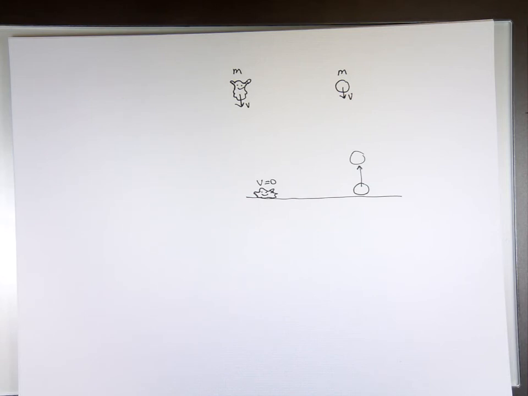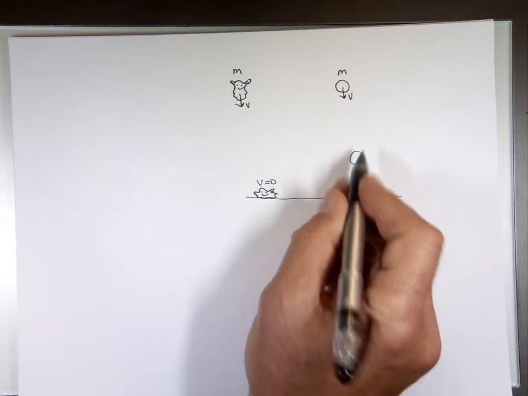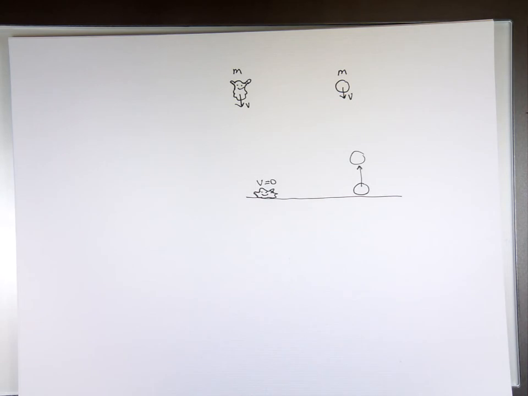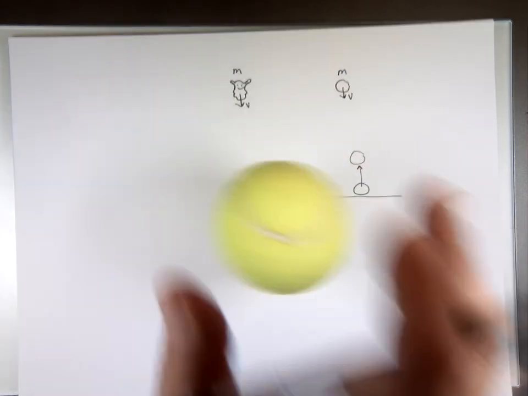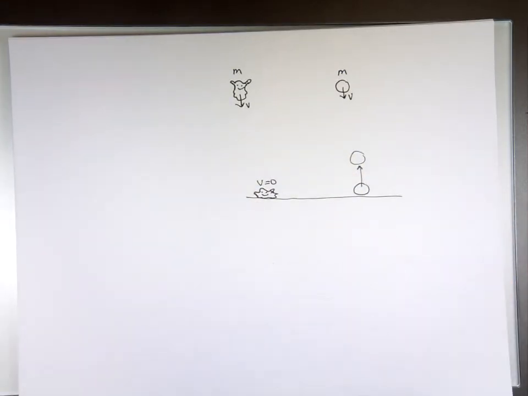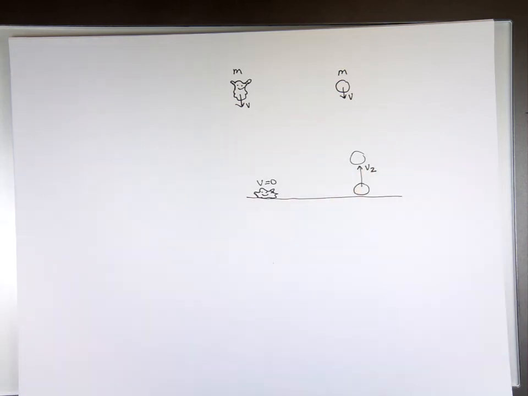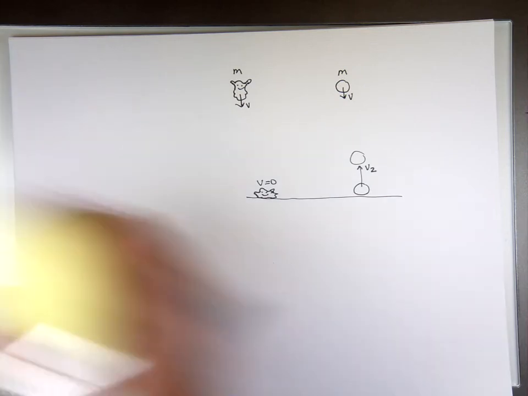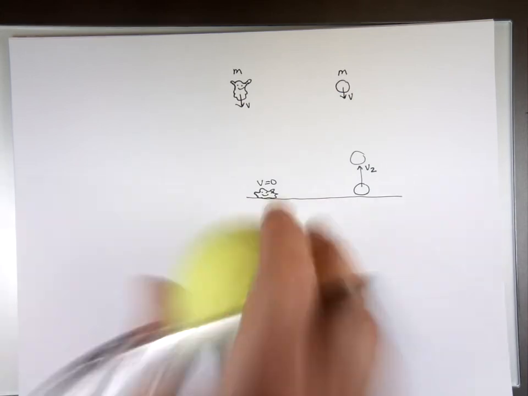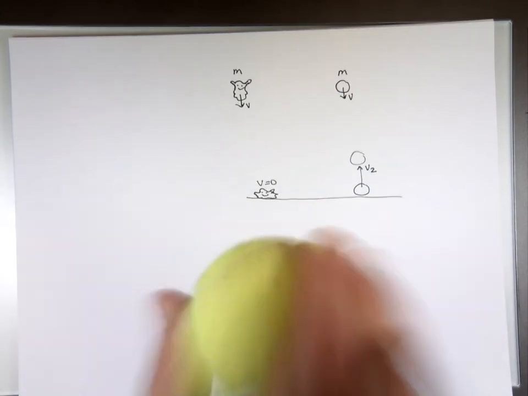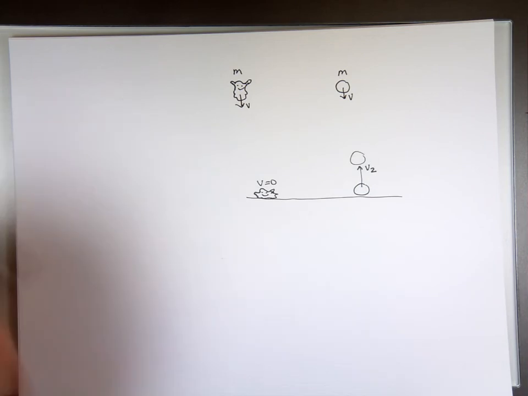Where this one is going to move up with speed there. Is the speed going to be the same if it's bouncy? Not really, because we lose some to friction. So let's call the speed going up V2. If it was frictionless, this will bounce back the same height. It will go back and forth all day long. Nothing's frictionless. We can pretend it is.